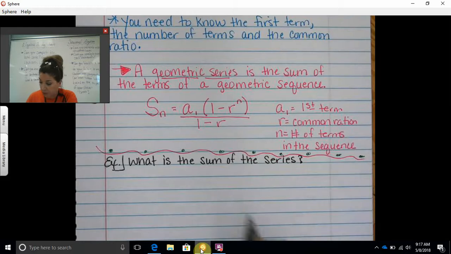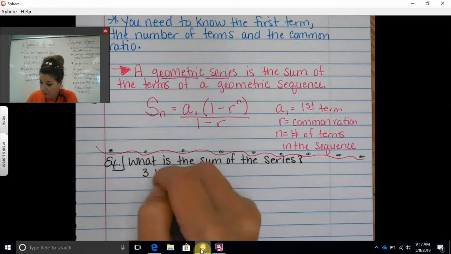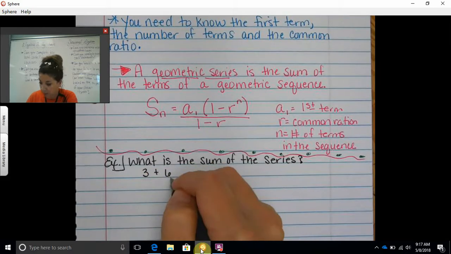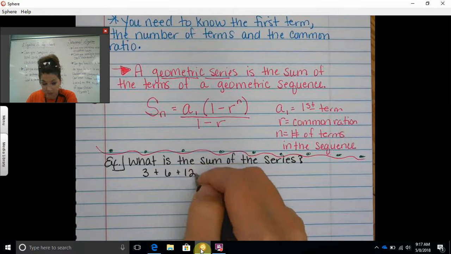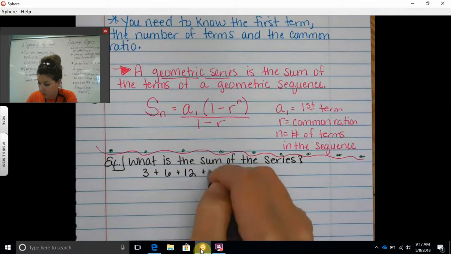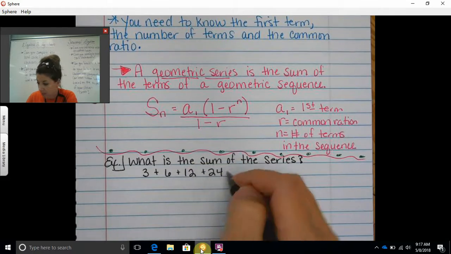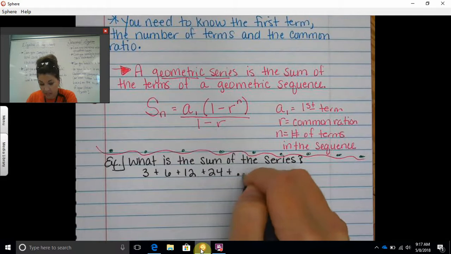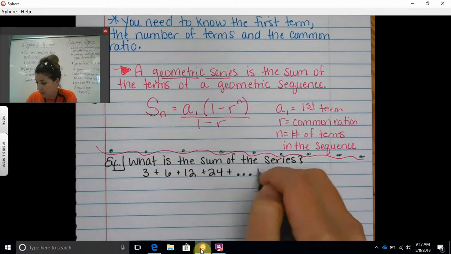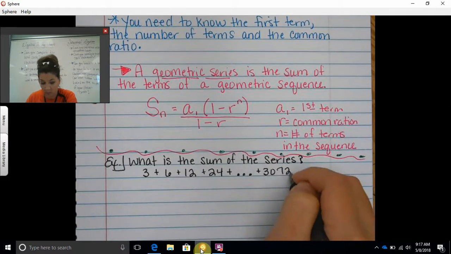I have 3 plus 6 plus 12 plus 24 plus dot dot dot plus 3072.